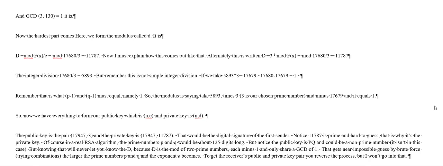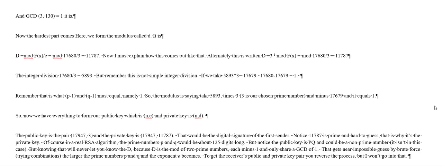Of course, in a real RSA algorithm, the prime numbers P and Q would be about 125 digits long, which, by the way, is a number that goes beyond named numbers. You'd have to use scientific notation to even describe that number. But notice the public key is P times Q, and it could be a non-prime number.